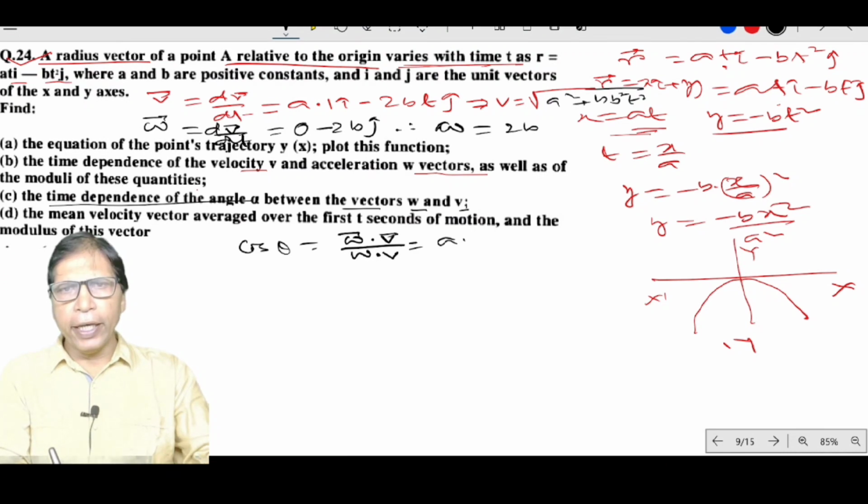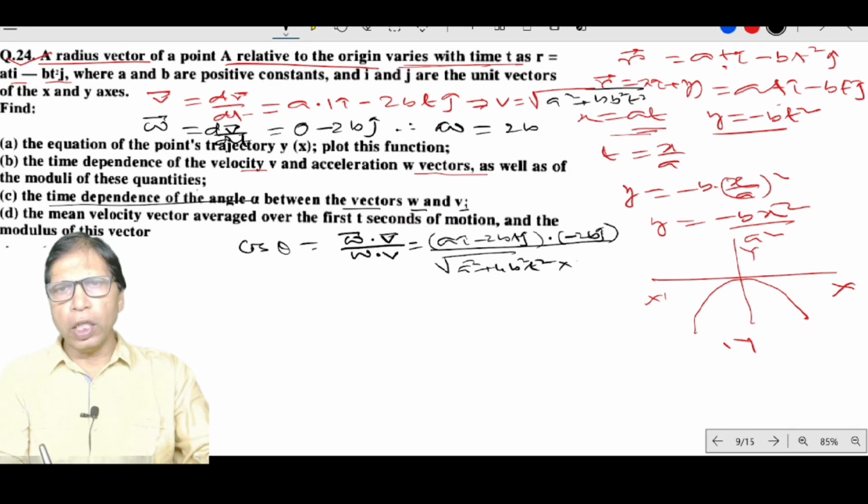This is a i cap minus 2b t j cap dot w, which is minus 2b j cap, divided by root under of a square plus 4b square t square into 2b. So this and this cancel out.